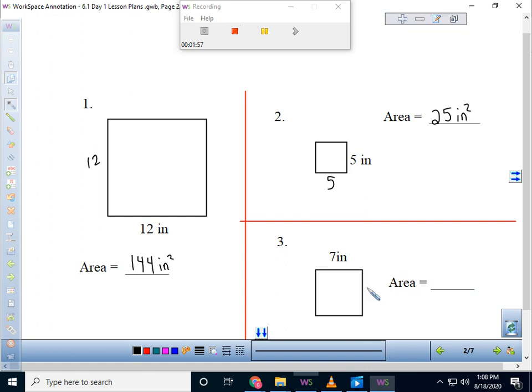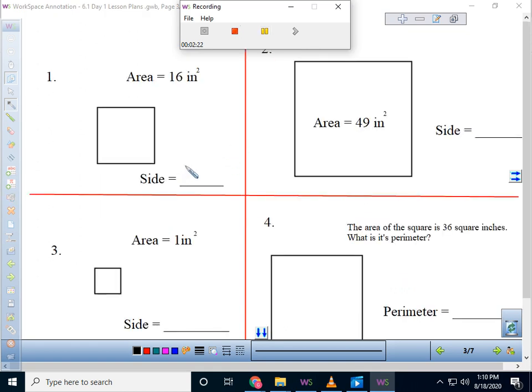So let's see if you can do number 3 really quick. What is the area of this square? Well, you guessed it, it's 49, because 7 times 7 is 49. And since we're having units here, we'll say inches squared. So 49 is a perfect square number.